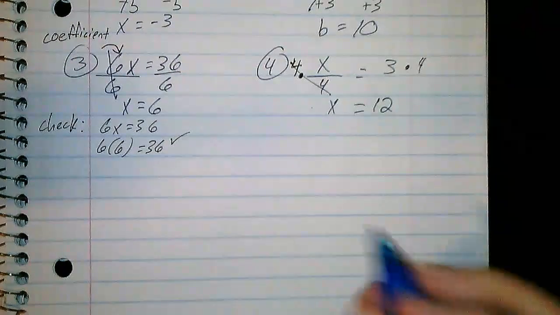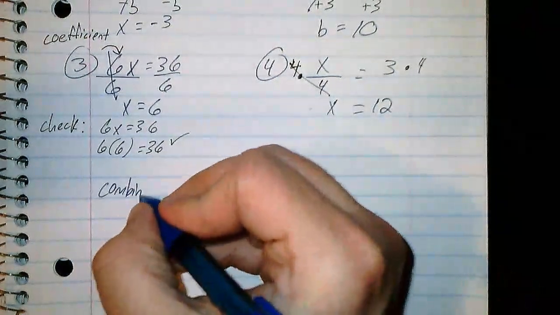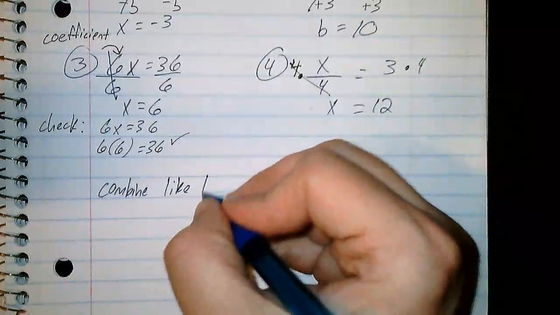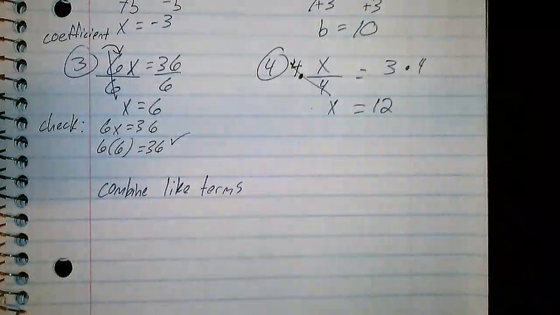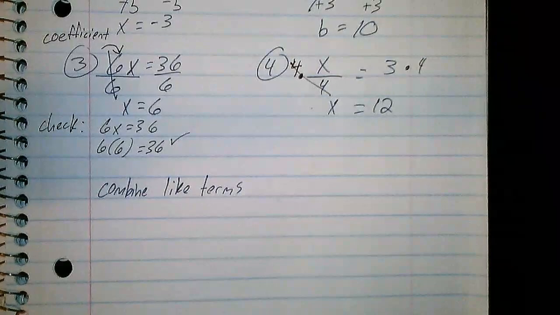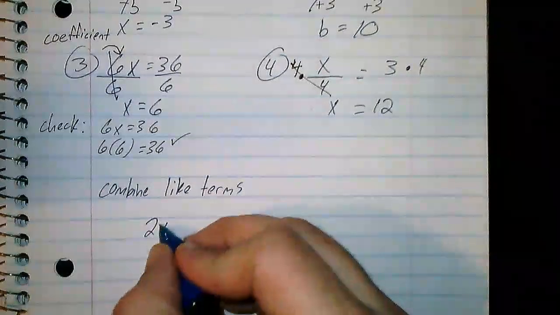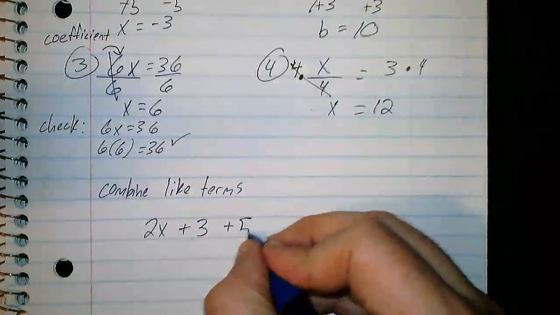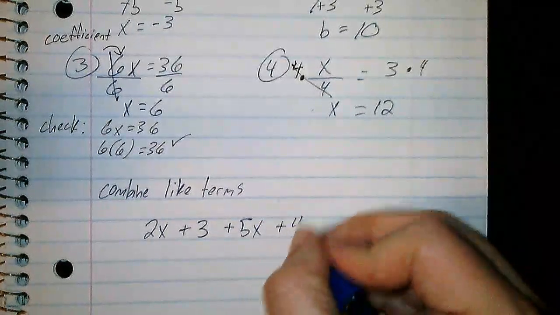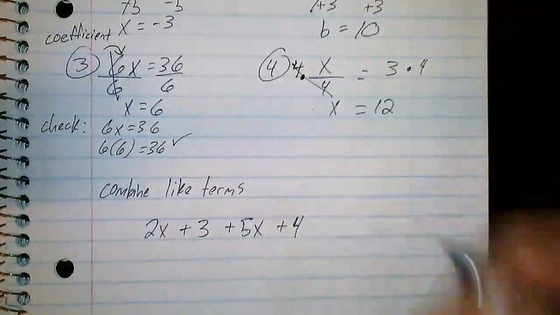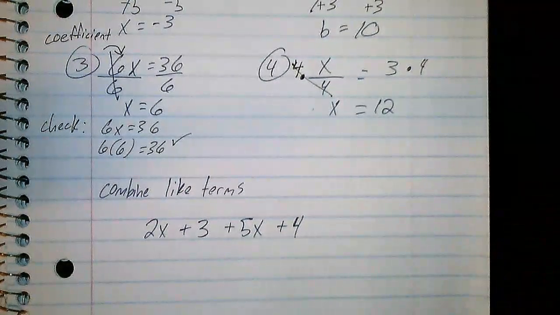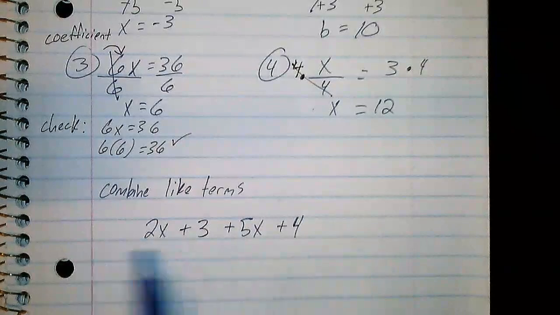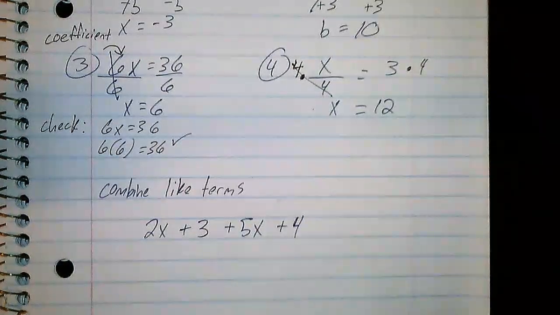Let's talk briefly about how we combine like terms. If you have something like this, so no equal sign, this would be an expression that we can simplify, and we combine like terms.